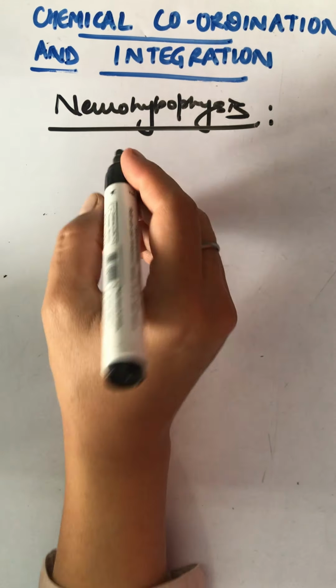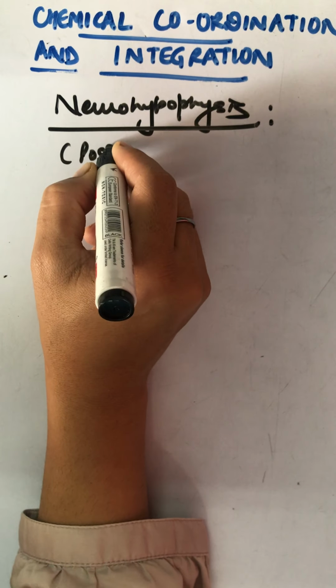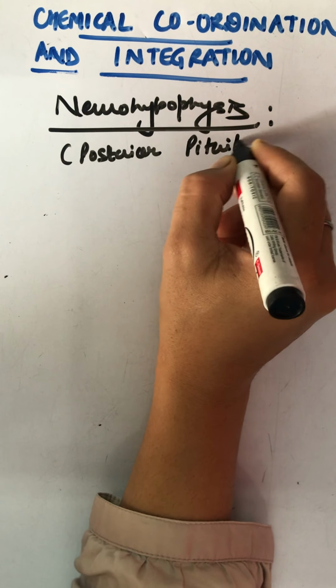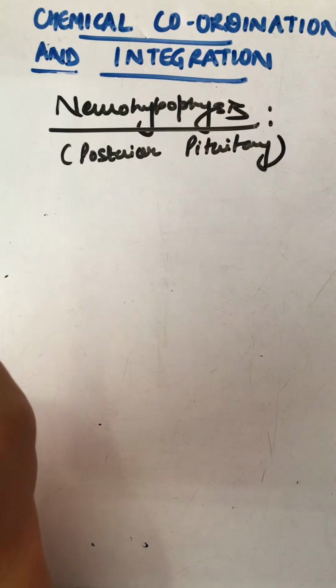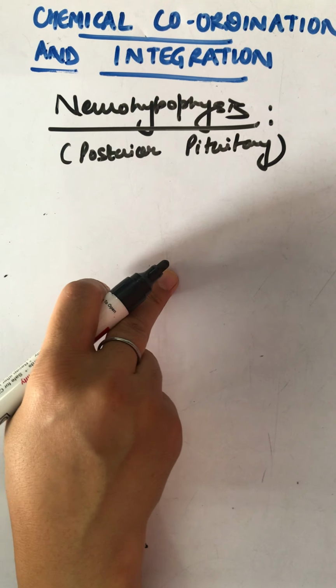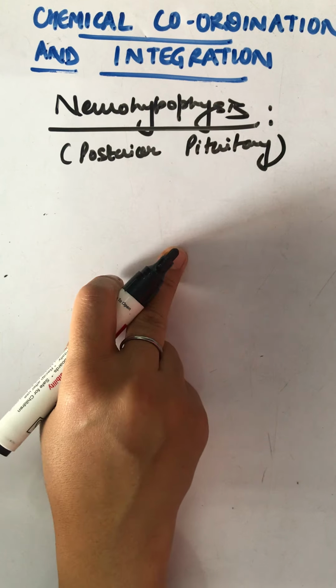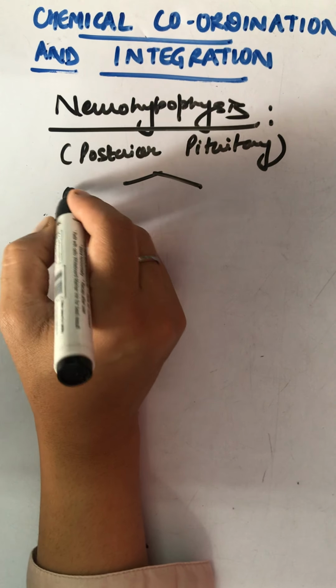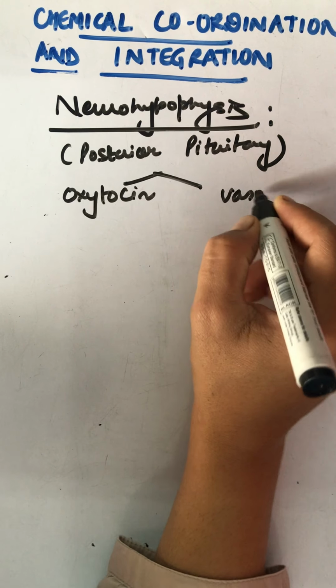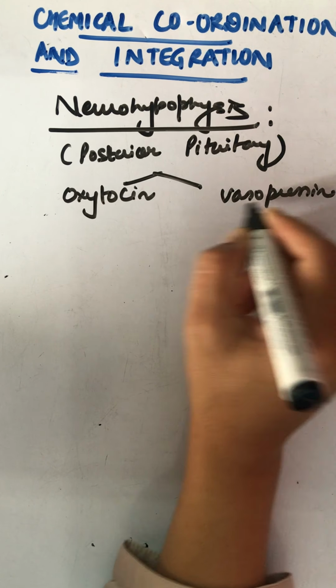We call it posterior pituitary. Now this one releases two hormones, oxytocin and vasopressin.